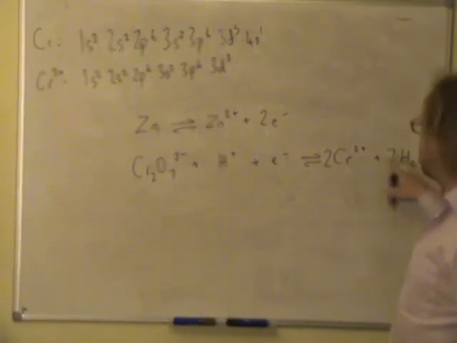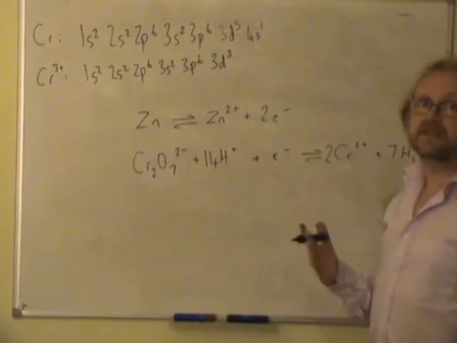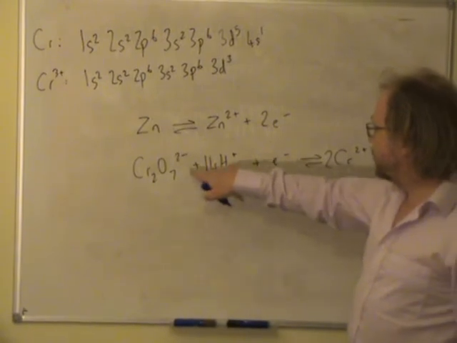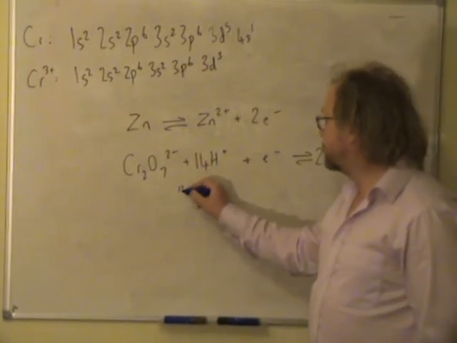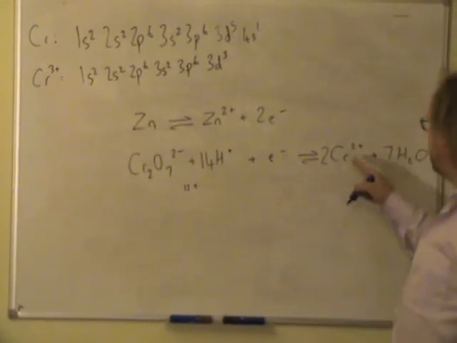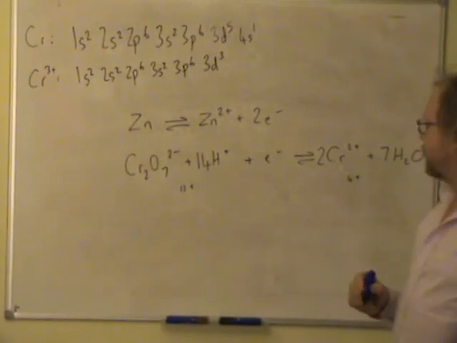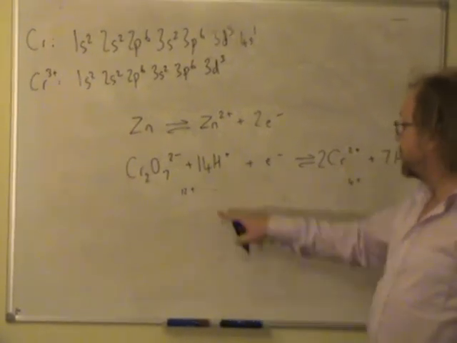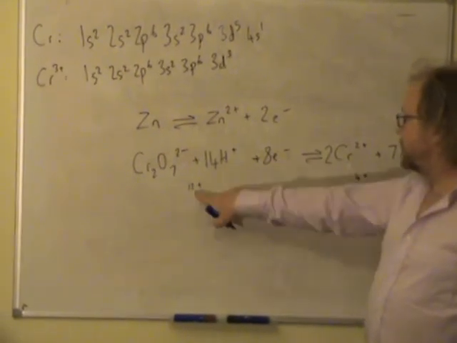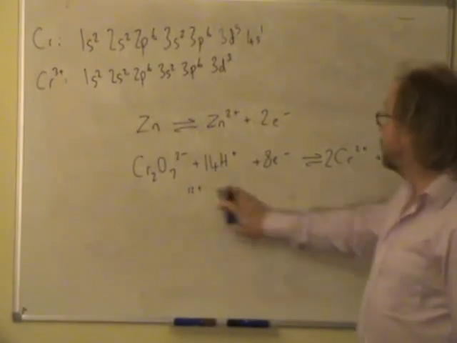That gives us 14 hydrogens, so we're going to need 14 H+, and it's the number of electrons that's different from usual, because to balance up the charges, we've got 14+ and 2- is 12+ on the left hand side at the moment, and we've got 2 lots of 2+ is only 4+ on that side. So to balance up the charges, you can see that we need 8 electrons. So that we get 8- and 12+ takes you to 4+ overall to balance that. So that's your other half equation.